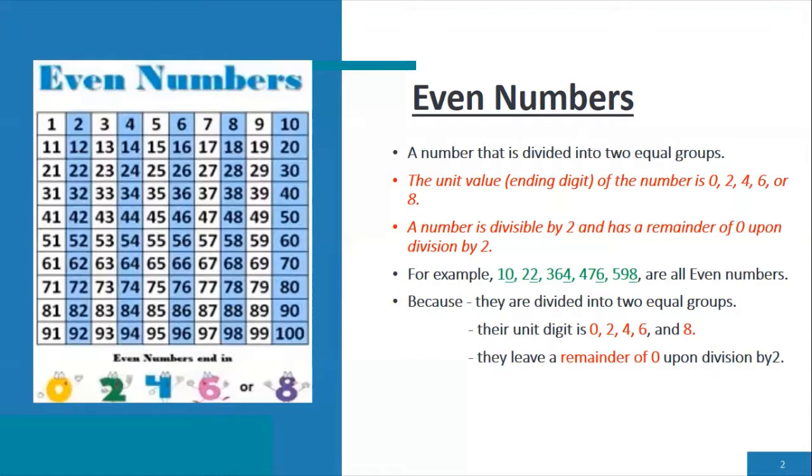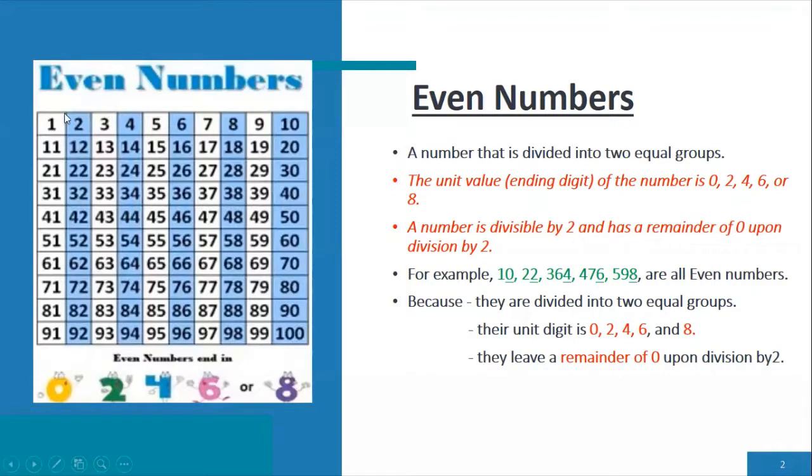So all those numbers which can be divided into two equal groups, and whose unit values, meaning the last digit, are 0, 2, 4, 6 or 8, and which leave a remainder of 0 upon division by 2, are called even numbers.